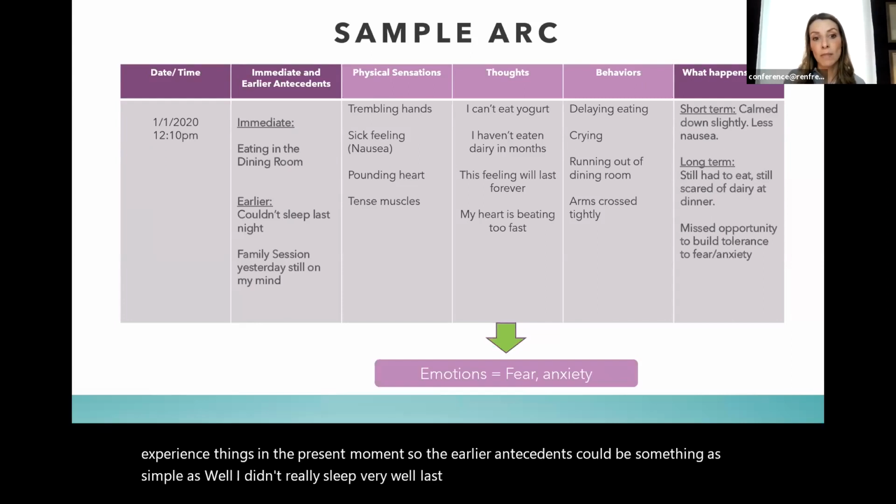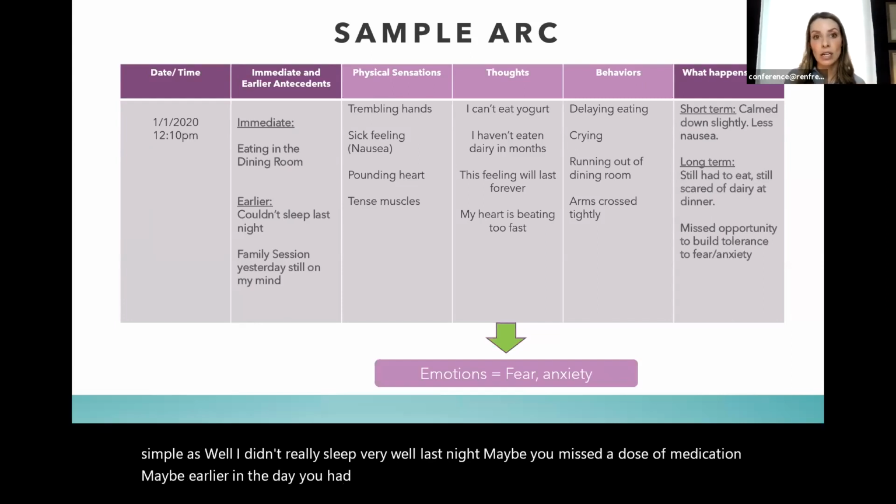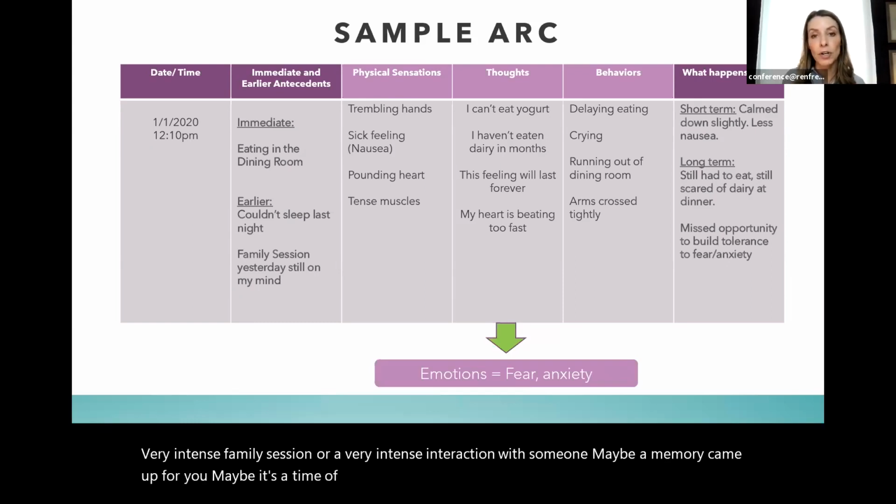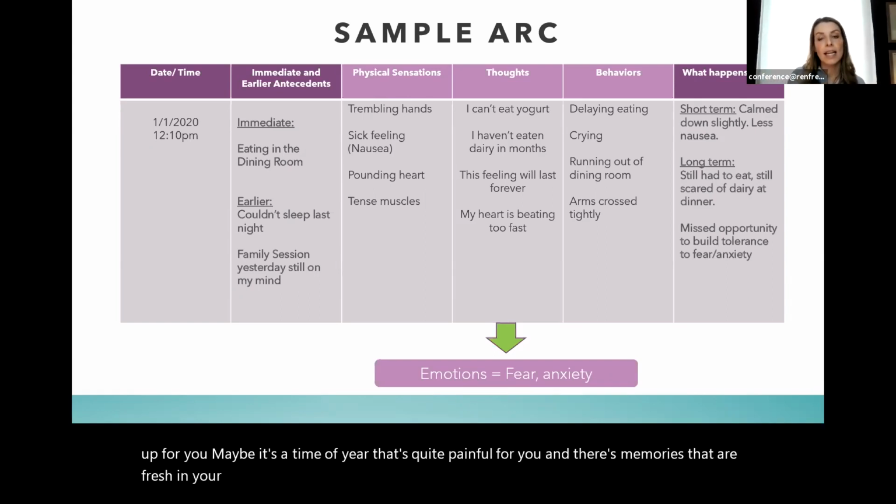Maybe you missed a dose of medication. Maybe earlier in the day, you had a very intense family session or a very intense interaction with someone. Maybe a memory came up for you. Maybe it's a time of year that's quite painful for you, and there's memories that are fresh in your mind. All of these things can impact how you experience the present moment.